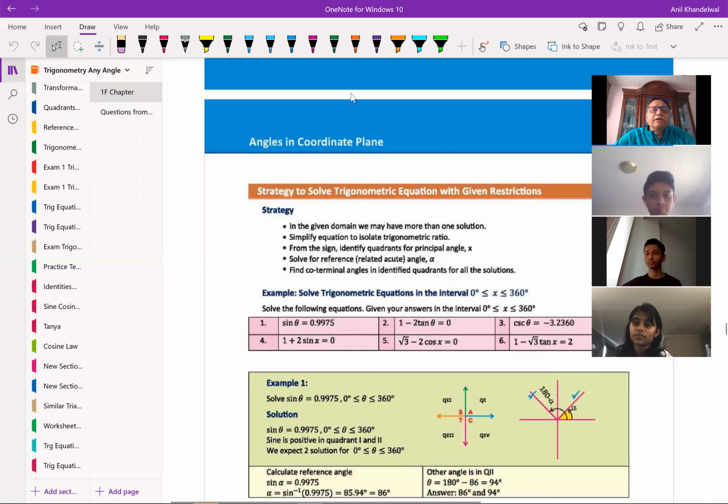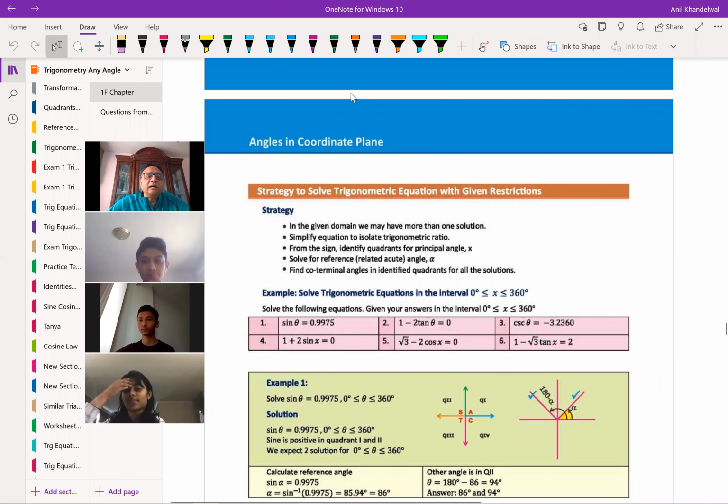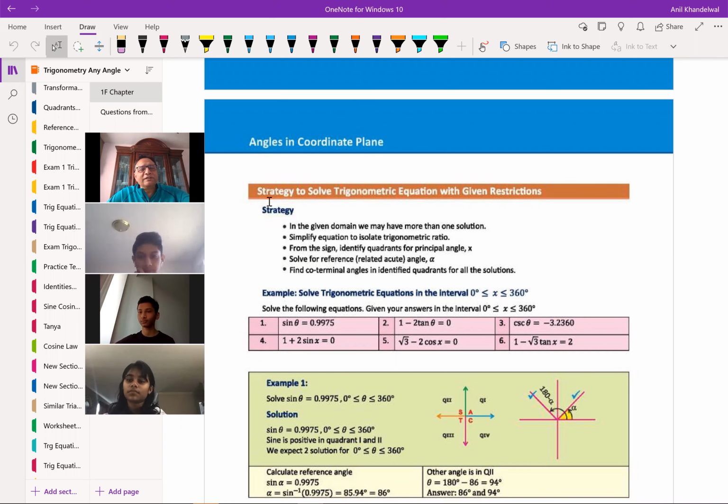So when we solve a trigonometric equation, we can actually have more than one solution, right? Reason is very simple. Why do we have more than one solution? Can any one of you answer that question? Because values on the unit circle may overlap. Okay. You see a sine wave, for example, right?